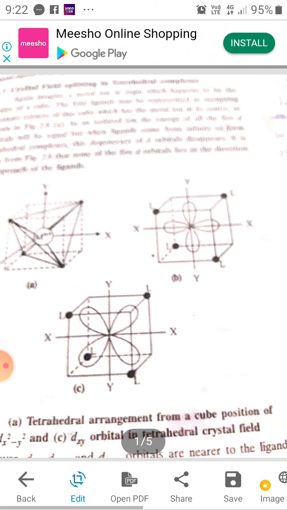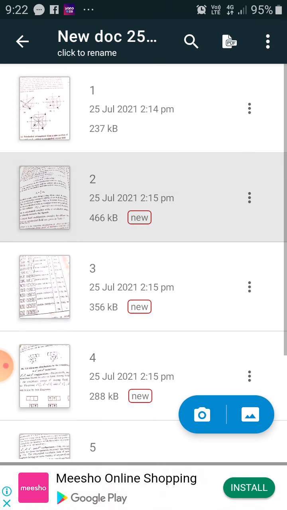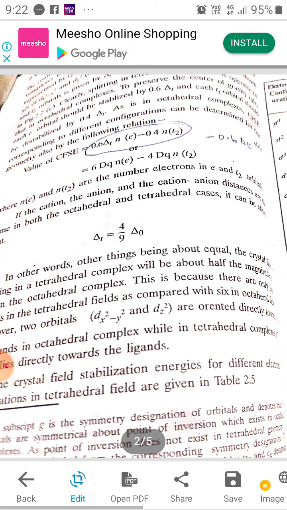Thus dx square minus y square and dz square orbitals will be far from the ligand. The lobes of the dxy orbital are directed towards the ligand, at the center of the edges of the lobes.